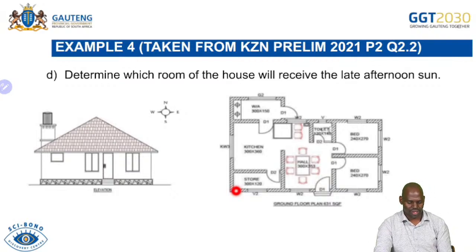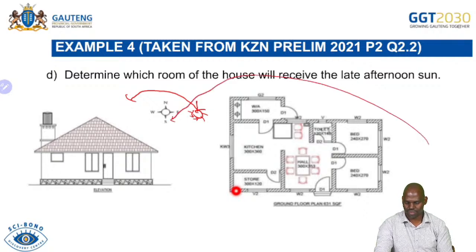We know that the sun rises in the east, so the sun will be moving from the right hand side according to this to the other side. So it's from east to the west. So obviously in the afternoon, the sun will be on the western side. So from this side, it's going to go to the other side.